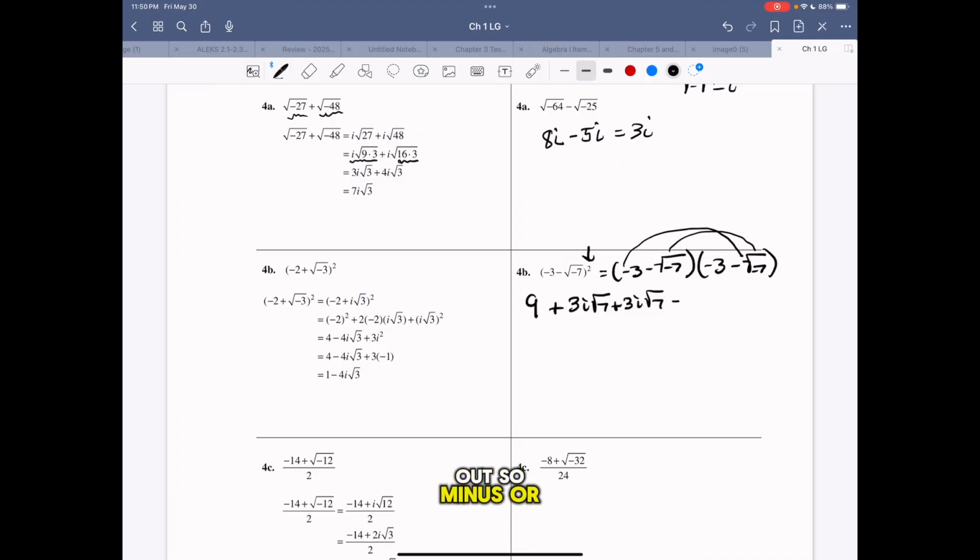So it's plus, and then there'll be an i squared times 7. So that'd be multiplied. So if you look at the example over here, it's the same thing here, right?